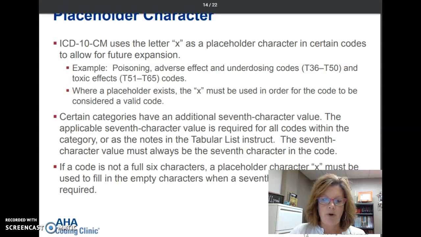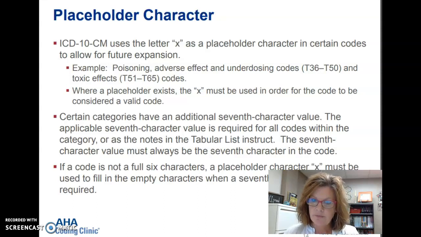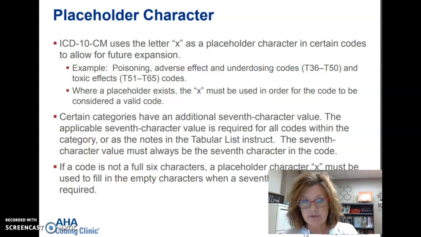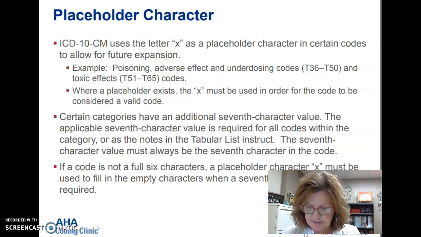So let's go ahead, pause it, and I want you to go to T36. Okay, hopefully everybody's at T36. Again, this is going to be in the tabular section. So with this, let's look at T36.0. Okay, so what they're telling you is that we have an X, and then you'll see a 1.